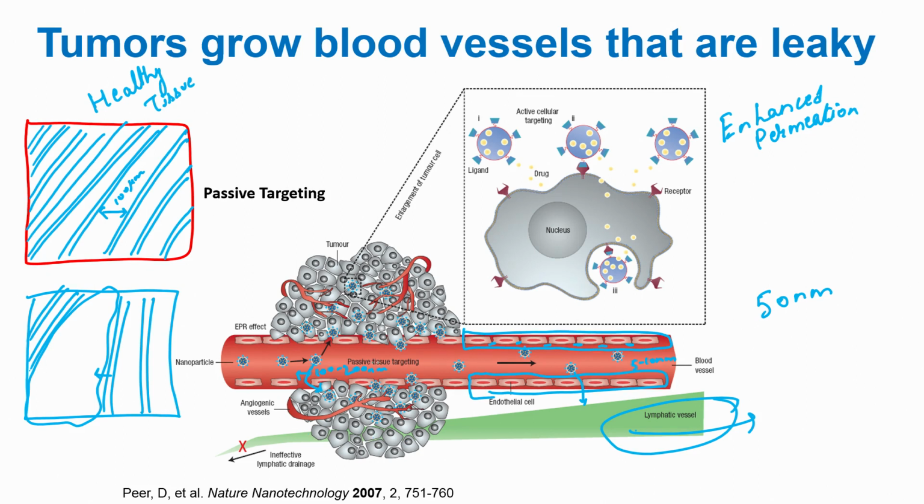So, these blood vessels are putting pressure on the tissue in this direction, and since the lymphatic is not there, there is a lot of water putting pressure on the tissue in this direction. Because of that, whatever particles come in are not able to diffuse out of the tumor. There is pressure from this direction and from that direction, so these particles have nowhere to go but to be retained in the tumor. So, this is called enhanced permeation and retention.